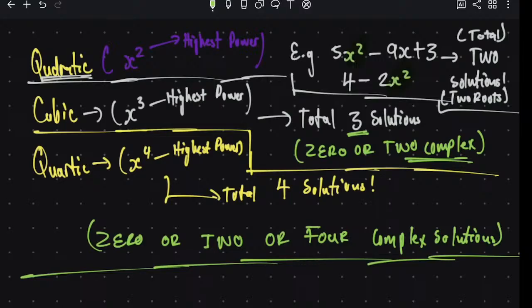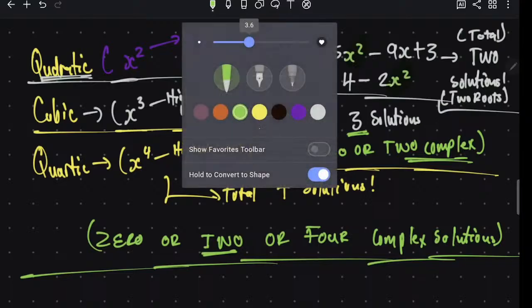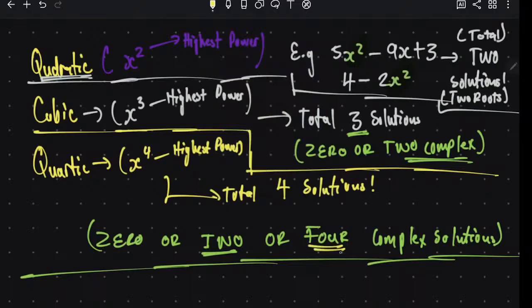Or you can have 2 real solutions and 2 complex solutions, because you must have 4 solutions in total. Or you can have 4 complex solutions in a quartic equation and 0 real. So this will be your situations.